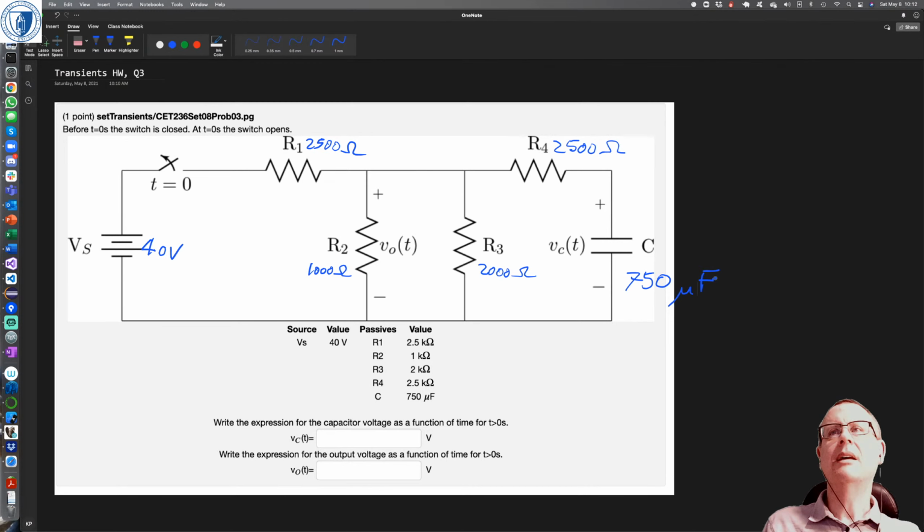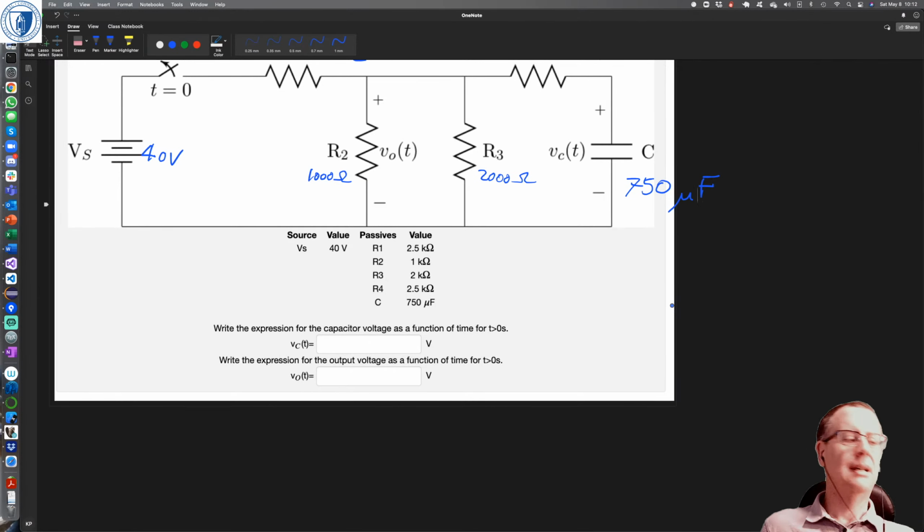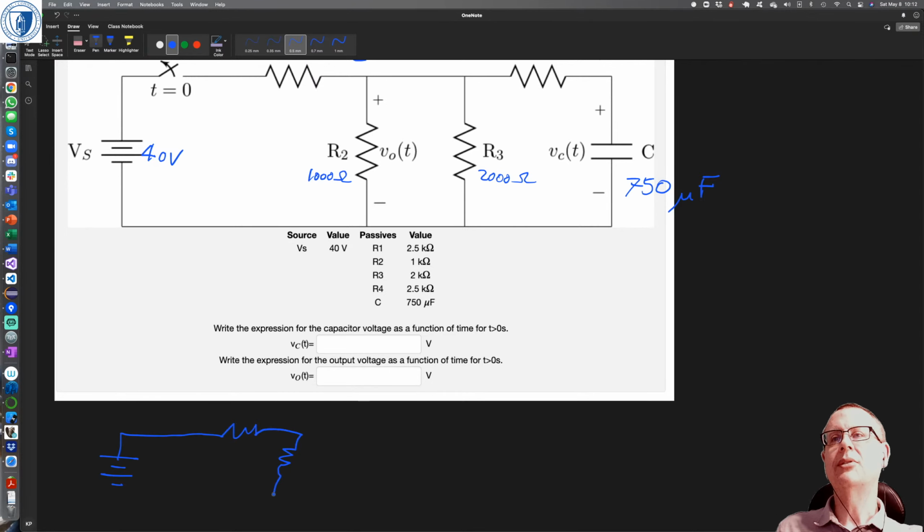Okay, so let's redraw it, just having a look at the initial condition, right? So for the initial condition, we definitely have the battery in there because it said the switch is closed. We have resistor 1, resistor 2, resistor 3, right?